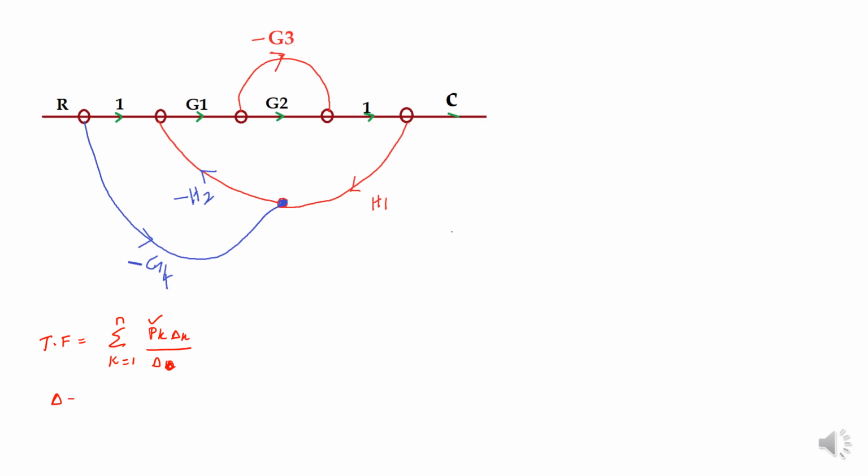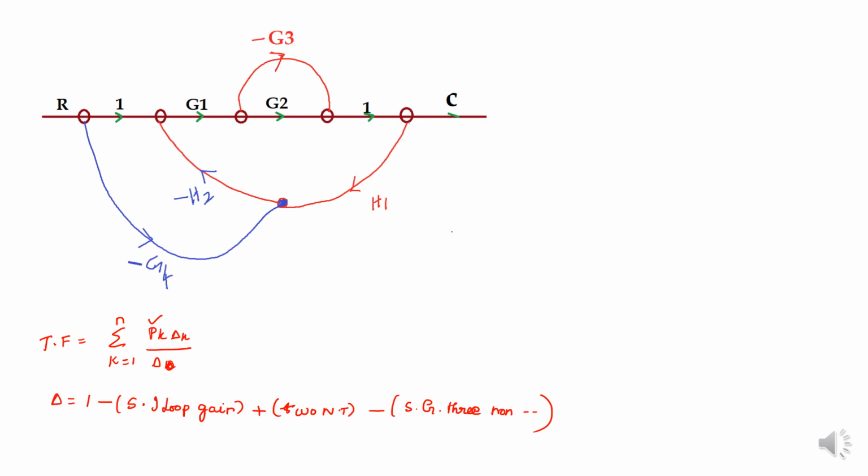So what is delta? Delta is equal to 1 minus sum of individual loop gains, plus sum of gain products of 2 non-touching loops, minus sum of gain products of 3 non-touching loops, and so on.